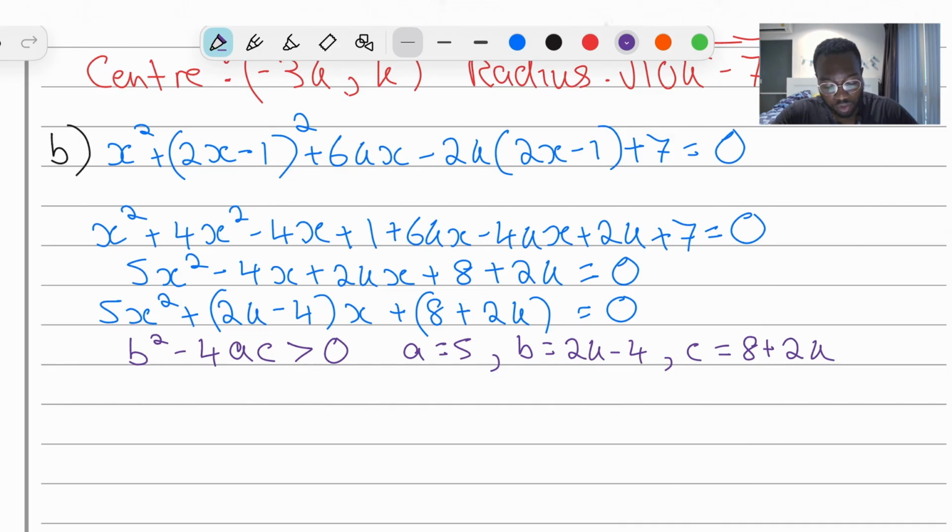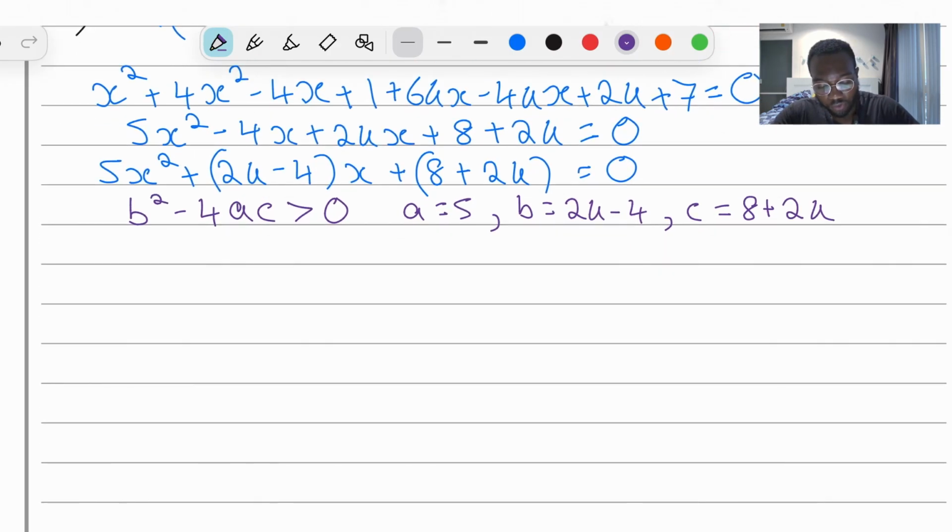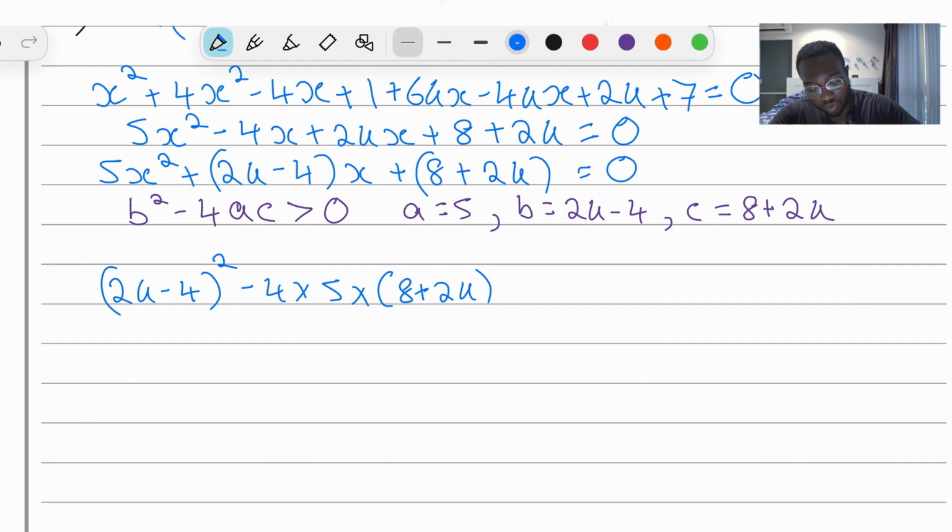Then we can use the discriminant to work this out. So we get 2k minus 4 squared minus 4 times 5 times the 8 plus 2k, and this is all greater than 0.